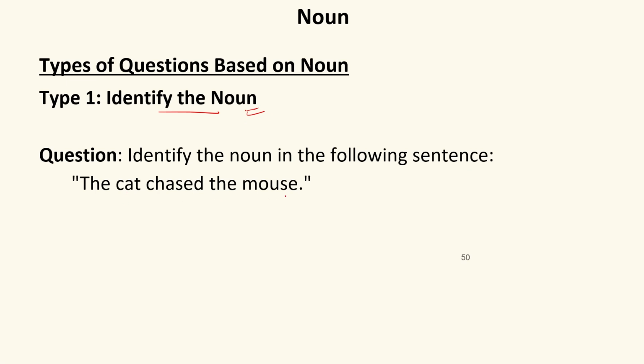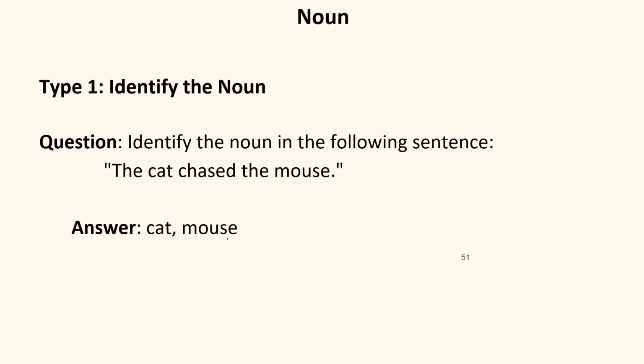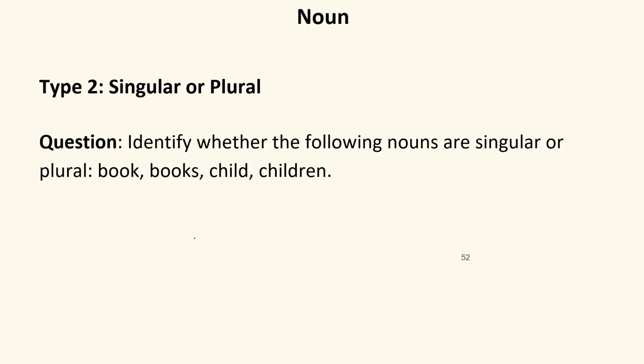The cat chased the mouse. Now, you have to identify which word in this sentence is a noun. We can see the words cat and mouse. Both of these words are nouns. So you can see here the answer that cat and mouse are nouns.